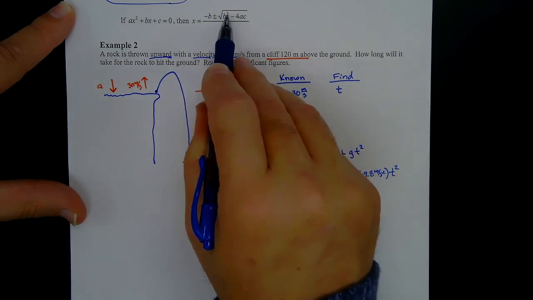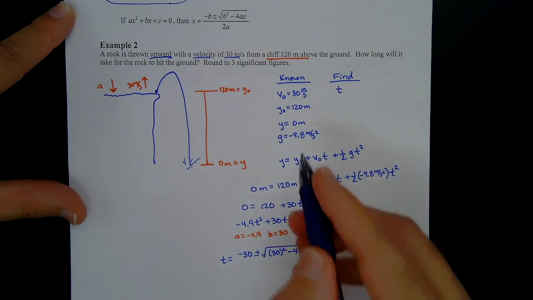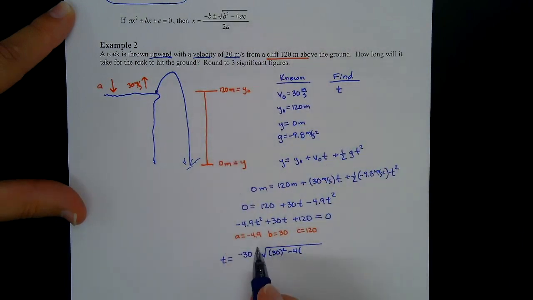Take your b and you square it, and then minus 4 times your a times your c. So your a is negative 4.9 times your c, which is 120. All over 2 times your a, which is negative 4.9.